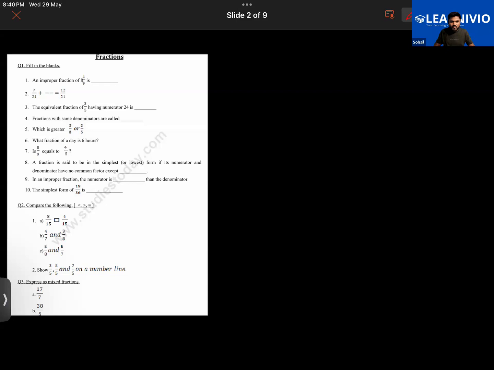Fractions and the four operations are related. Okay, so those operations are for fractions only, right? You got it. Okay, so you have got that topic also. So let us try to do some questions.